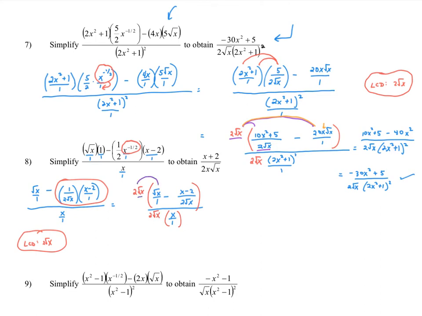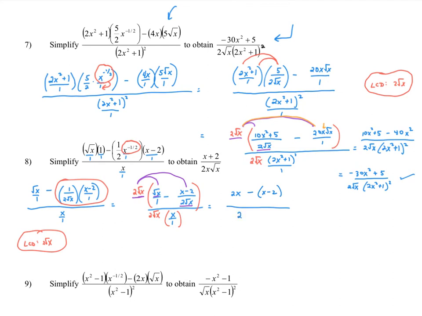Remember, root x times root x is x. So we will get 2x. When we continue to distribute, we'll notice that 2 root x and 2 root x cancel. So we're left with minus the quantity x minus 2. We have to subtract this entire quantity x minus 2.